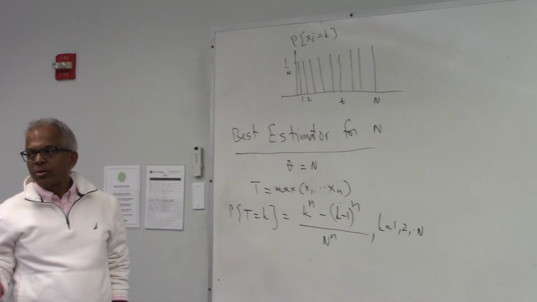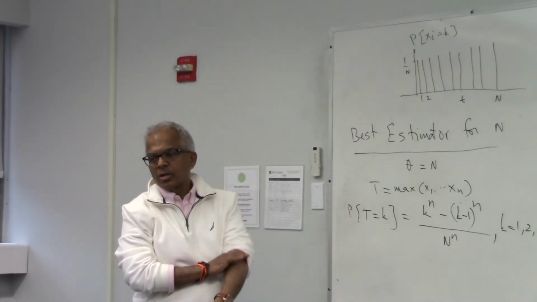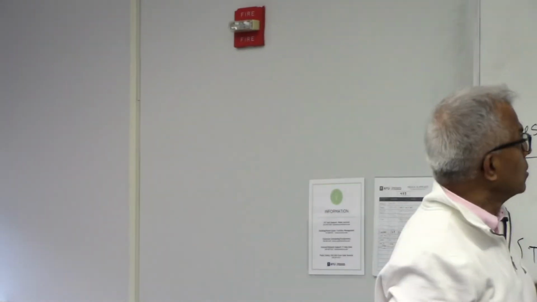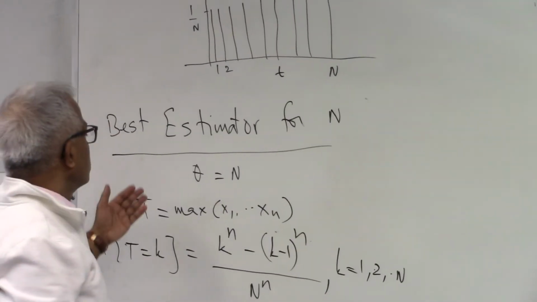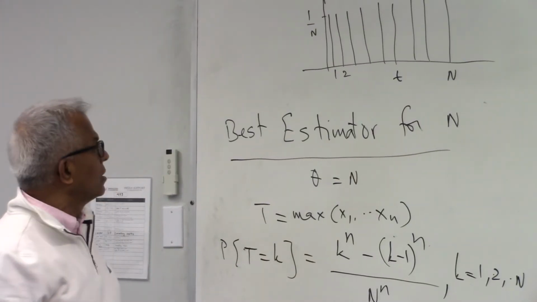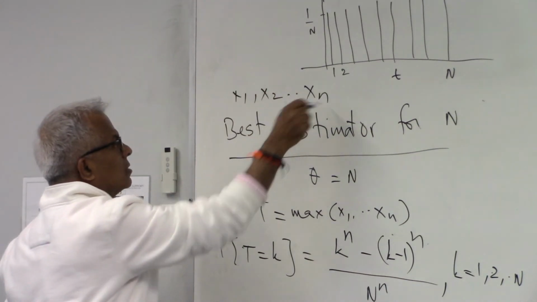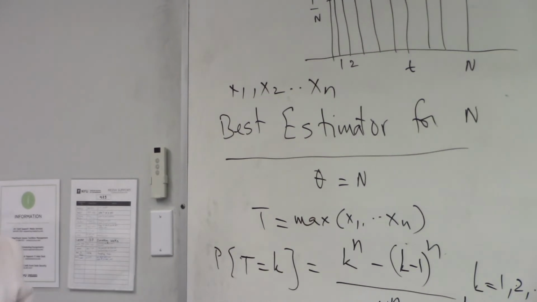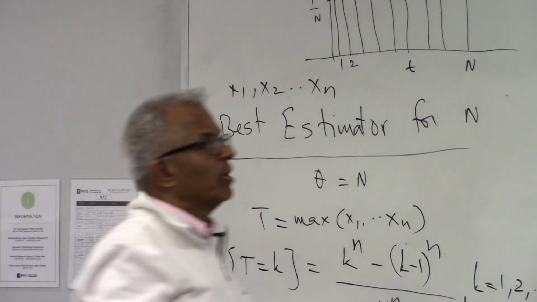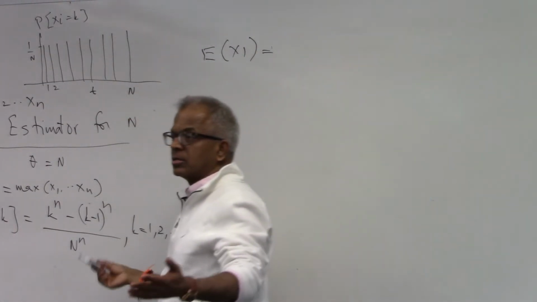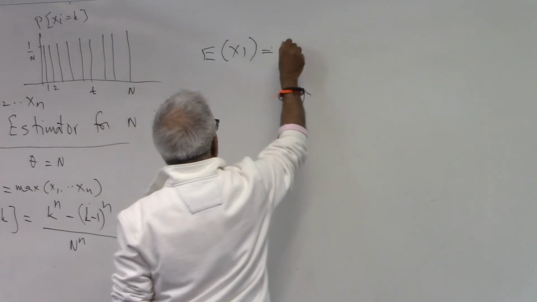In the notes, I go into all sorts of elaborations on this, but let me cut it short here. What are the random variables? We are starting with x1, x2, etc., xn. Let's see what the expected value of any one of them is. What is the expected value of x1? Just try it out and see. How do you find it?